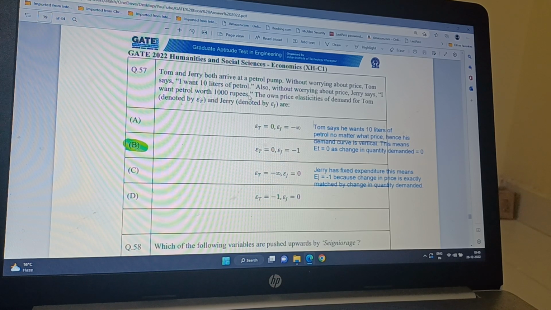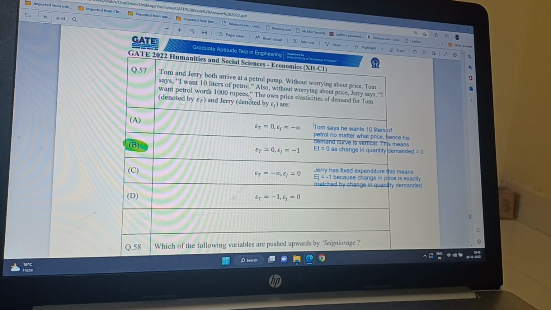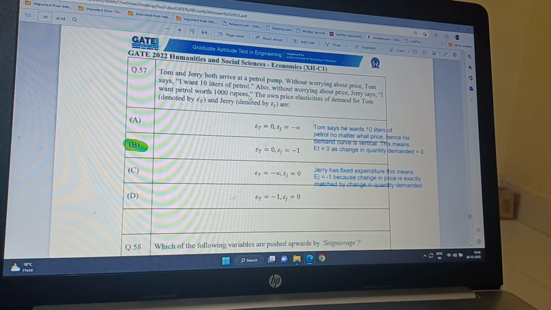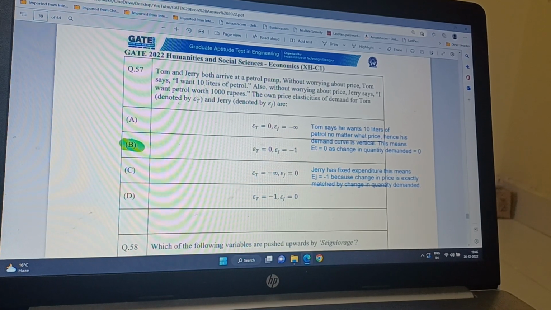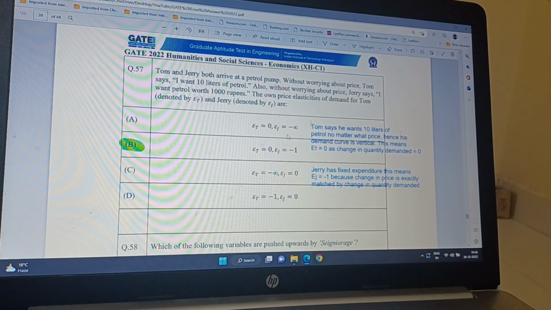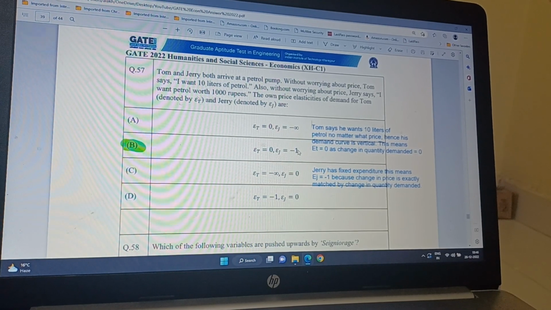If it is 90 rupees a liter, he will buy 11 point something liters, so that it completes 1000 rupees. Whatever the price, his expenditure is fixed. So when expenditure is fixed, the elasticity of demand is always equal to 1. So for Jerry, EJ must be equal to minus 1, because they are inversely related.